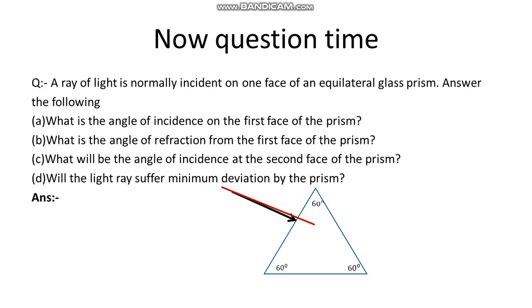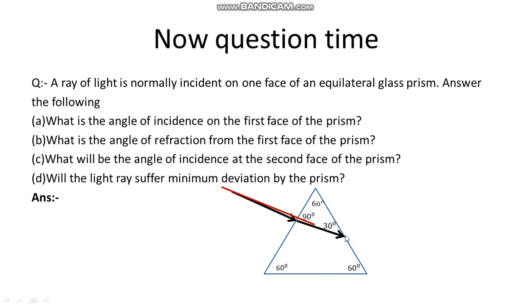When it is incident normally, the refracted ray also goes straight without deviating. So the angle of refraction from the first face of the prism is also 0. What will be the angle of incidence at the second face of the prism? See, if this is 60 degree and this angle is 90 degree, this angle is 30 degree.